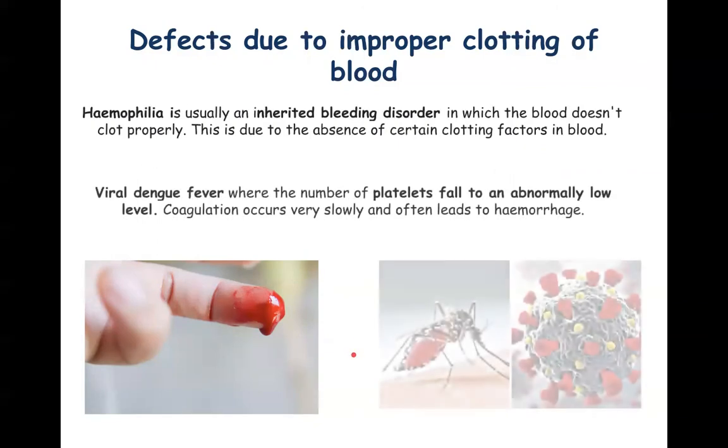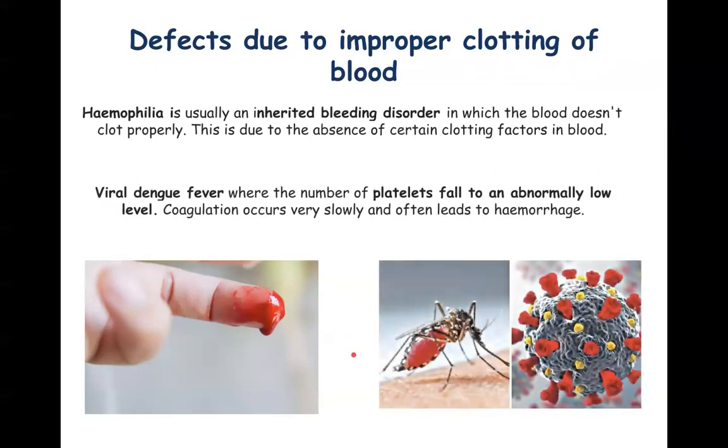The second disease is viral dengue fever. Here, the number of platelets falls to an abnormally low level, hence the blood does not clot, or sometimes the blood may settle down in certain places. Coagulation, that means clotting of blood, is very slow. So it leads to excessive blood loss inside the body also. That's called hemorrhage.